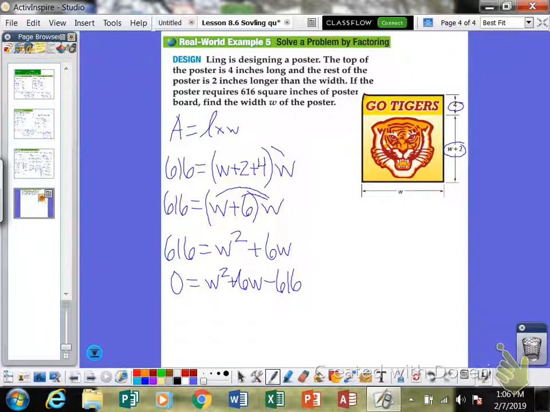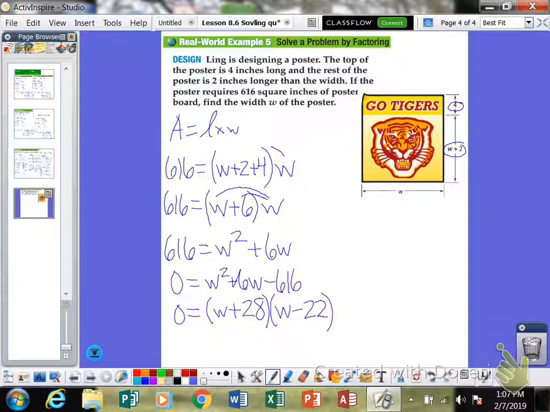So we want to find the factors of 616 with a sum of 6. You do that, you should get 0 equals W plus 28 and W minus 22, and they're equal to 0.